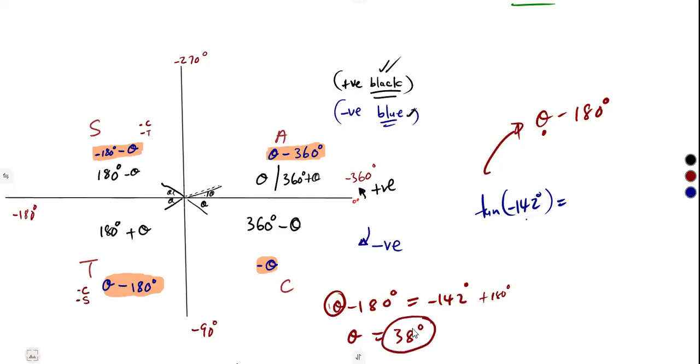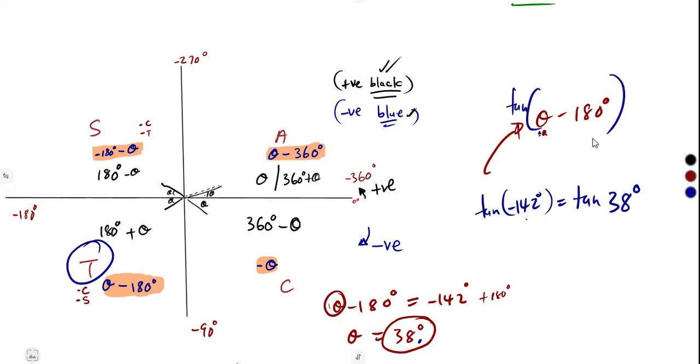So the angle there is 38 degrees. That's our theta. And this quadrant is the quadrant of tan. Tan is positive there, so it is going to be tan of theta. Our theta is 38 degrees.